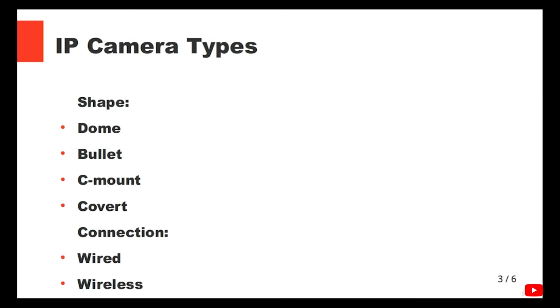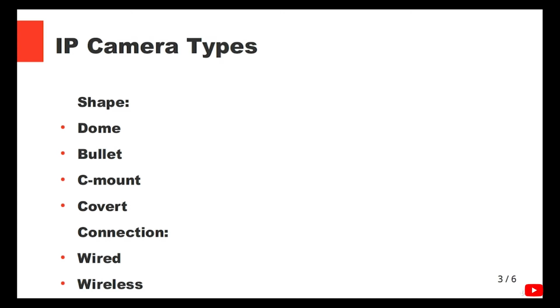But C-mount type means that you can install your own lenses on the camera. Sometimes it's possible with some cameras, but as I said, most cameras come with the lenses already. Covered, it's a small camera which you can hide somewhere. Nobody can see where it is, but you are recording.